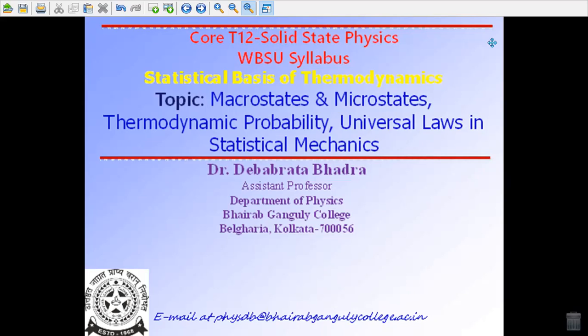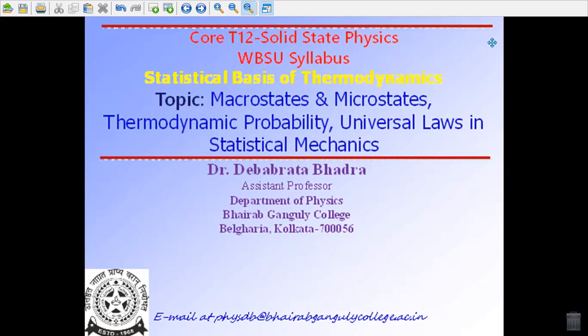The ordinary laws of mechanics were the only tool to explain physical phenomena, and in certain cases, particularly where the system contains a large number of particles, ordinary laws of mechanics could not be used as it is impossible to follow the motion of each particle, right? For example, a pinch of matter contains a very large number of atoms or molecules.